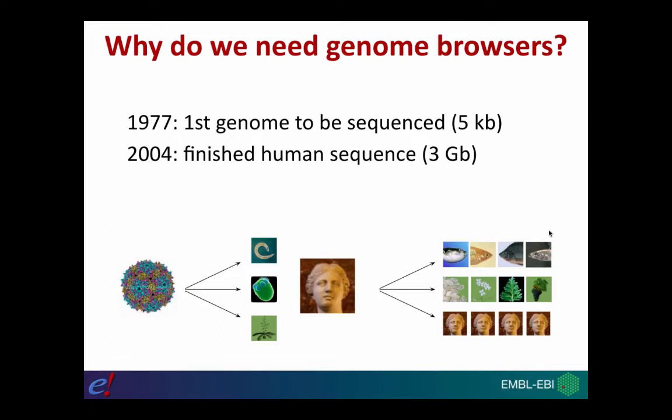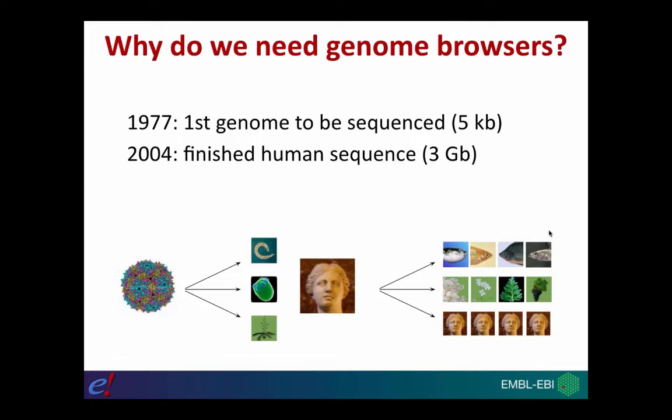Even since then, we have the advent of next generation sequencing technologies, which has allowed us as a scientific community to sequence many more genomes much more efficiently at a much smaller cost. So what we're really coming to now is an age of data, of genomic data, where we have almost too much to process in the time that we have.